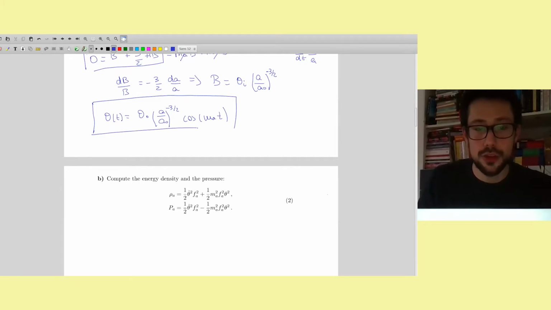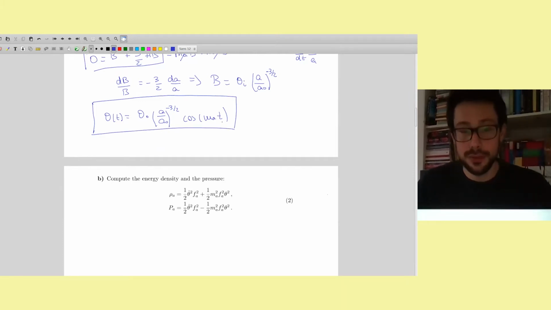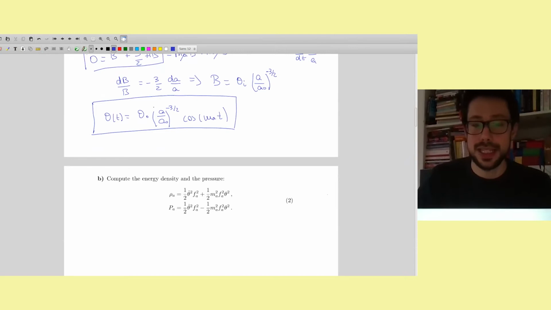So this is going to be the evolution of the axion field in an expanding universe with a scale factor A. And what we see is that the axion field will be completely homogeneous, and it will oscillate with a frequency governed by the mass of the axion. And the amplitude of these oscillations will be redshifted as a to the minus 3/2.